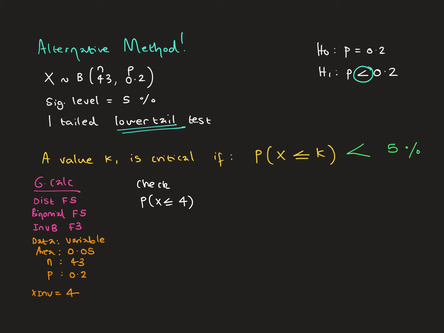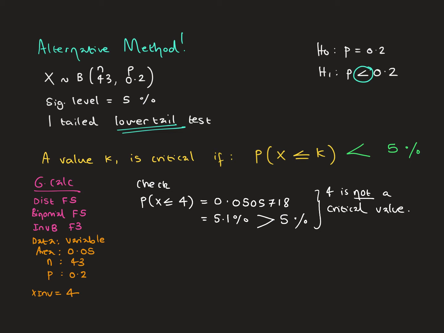So the probability that x is less than or equal to 4 is actually equal to 0.0505718, which interestingly is equal to 5.1%, which is greater than 5%. So actually, 4 is not a critical value.